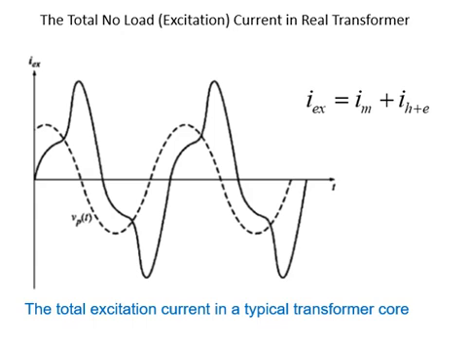So the total iex, or you can say the excitation current in a real transformer, would be I of m plus ih plus e.